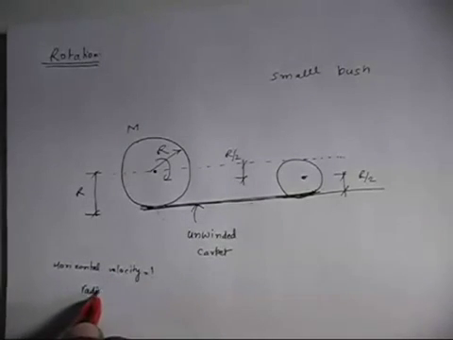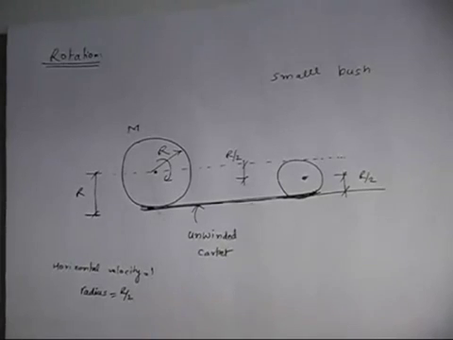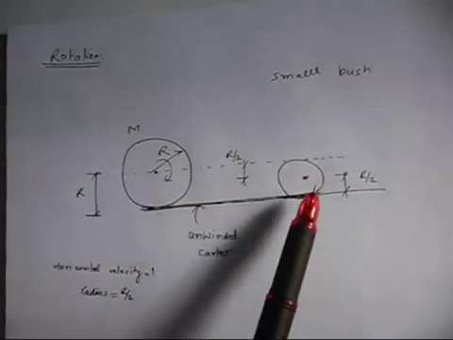So the radius is r by 2. Now the important part is, let us try to understand why this is happening. This is happening because the rolling motion of the carpet is due to the lowering of the center of mass of the carpet. The center of mass is initially here, now the center of mass is here.